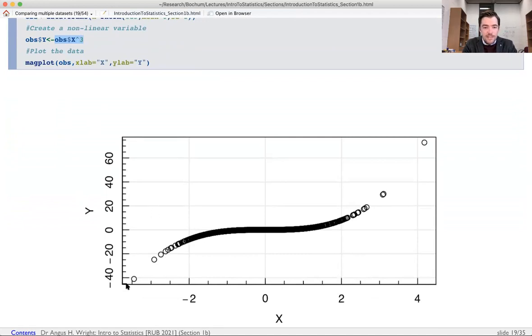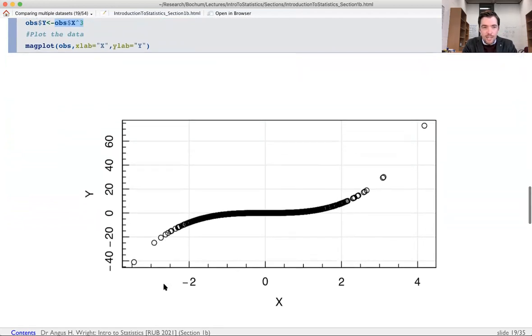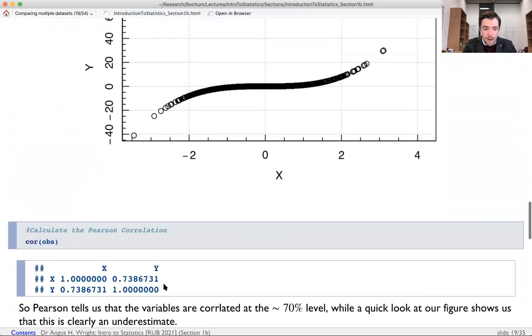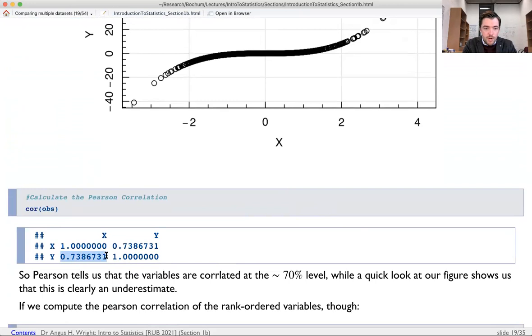We plot this data set, X versus Y, and we then calculate the Pearson correlation between these two variables. Now, we just said knowing one means we perfectly know the other. So the correlation between these data sets is perfect, but the Pearson correlation between X and Y is 0.7. And that is because this isn't a linear function. The Pearson correlation measure is designed for linear data.